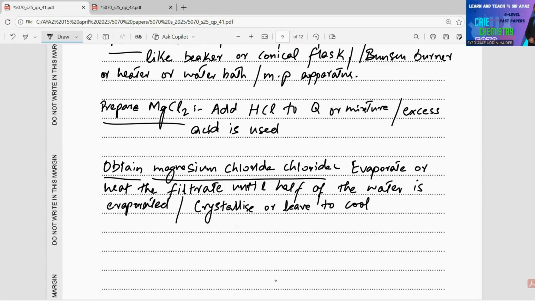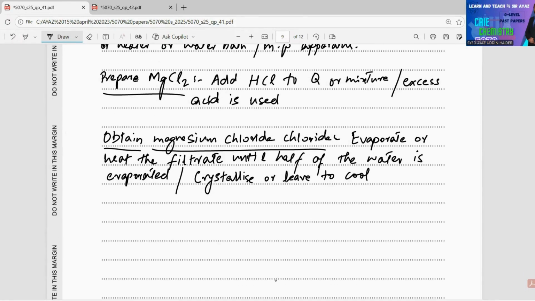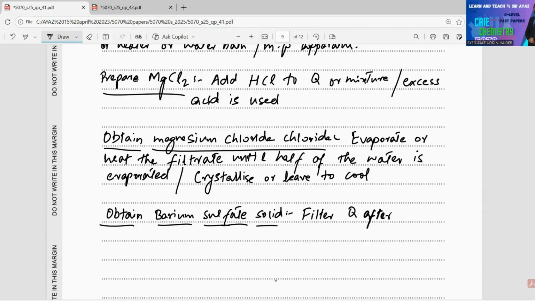How are you going to obtain barium sulfate solid? It's insoluble. It will definitely be obtained as a residue on the filter paper. So you write filter Q after adding acid.